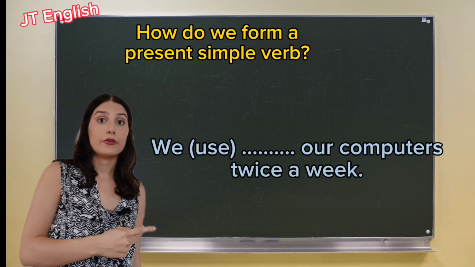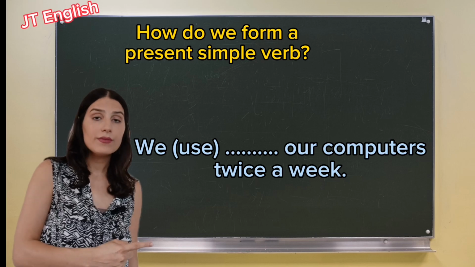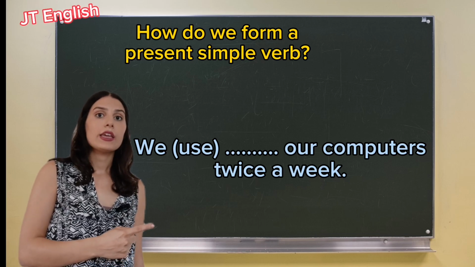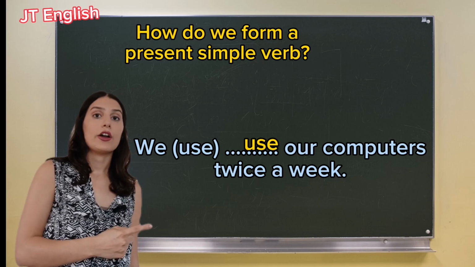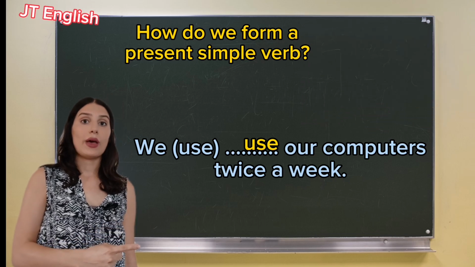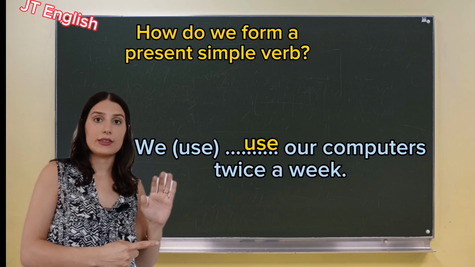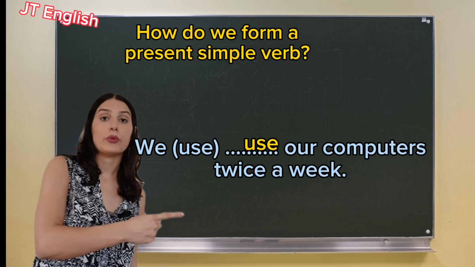Here we have the verb use. So let's put it in the present simple. We use our computers twice a week. We also have the verb use. It stays the same. It doesn't change because we have the pronoun we.